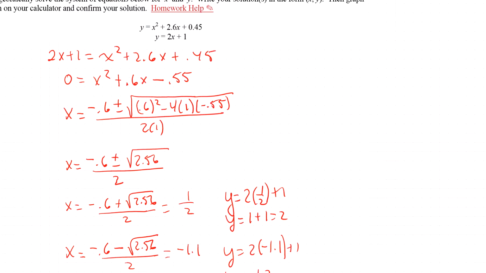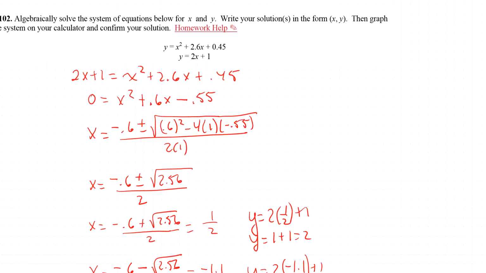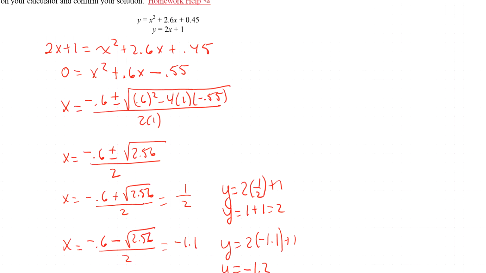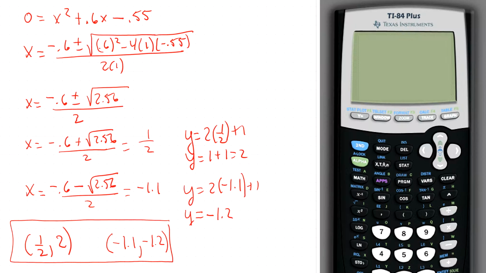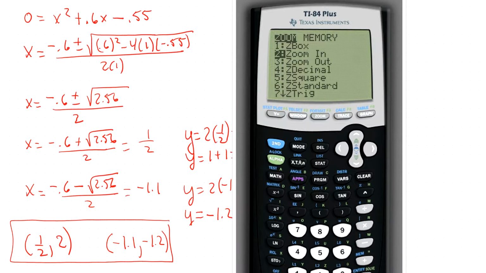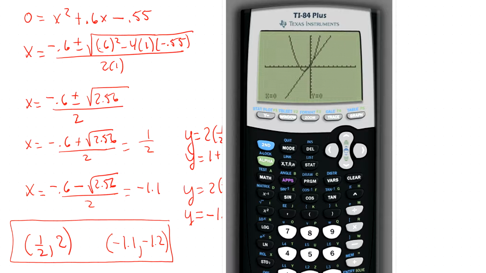So now this problem asked us to graph it on our calculator to confirm our solution. So I kind of did this ahead of time. And so here's our graph, and we've got two intersections. So we could go and look in the table of values, but what I'm going to do is zoom in. Let's move this over a little bit, and then hit enter.